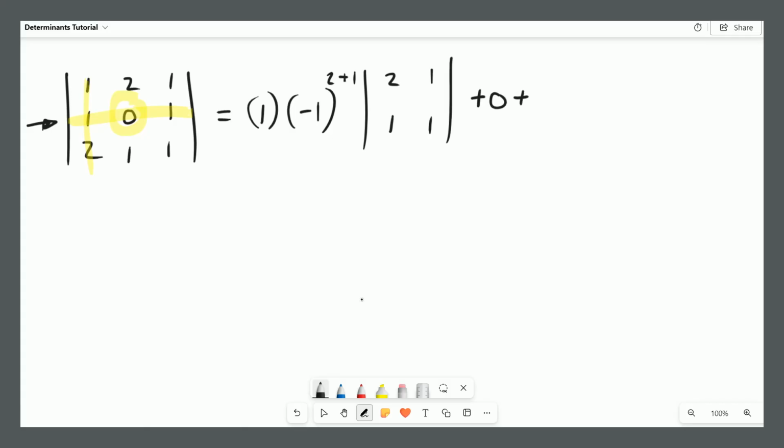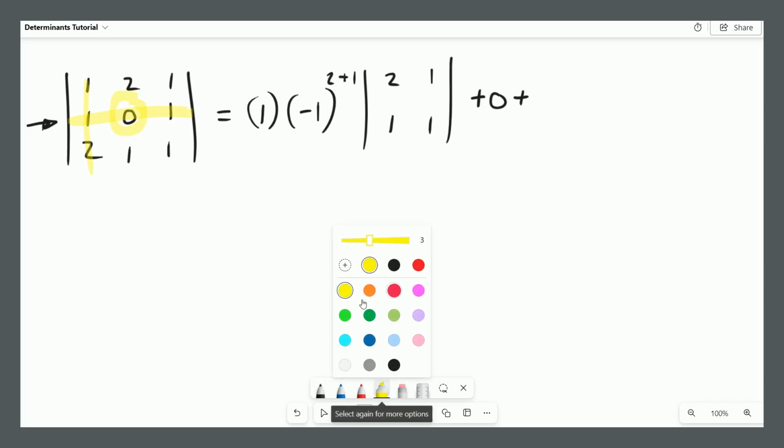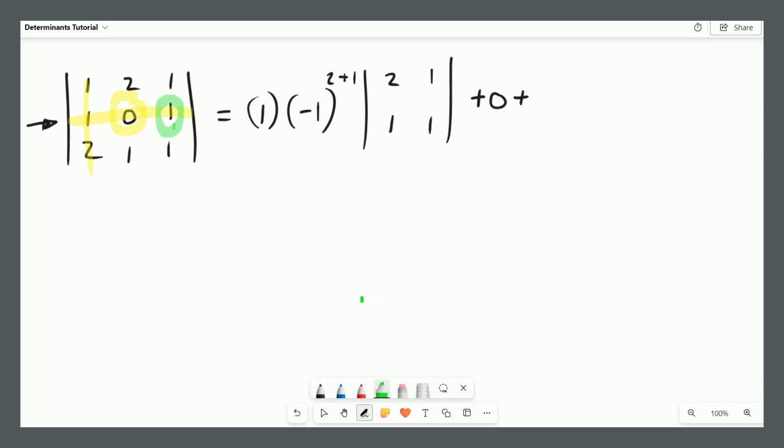plus, I'm going to change colors here, then we have the other one right here. So again we have 1 times negative 1 to the power of 2 plus 3, because that's second row, third column, multiplied by the determinant we get if we take out that row and column, right?